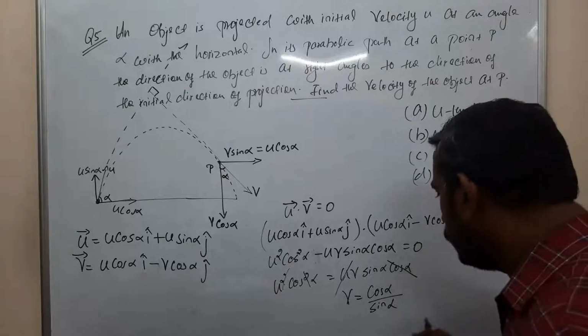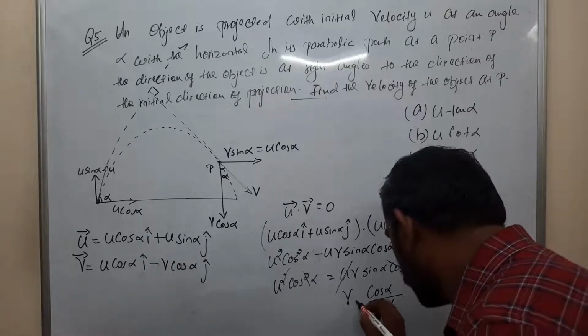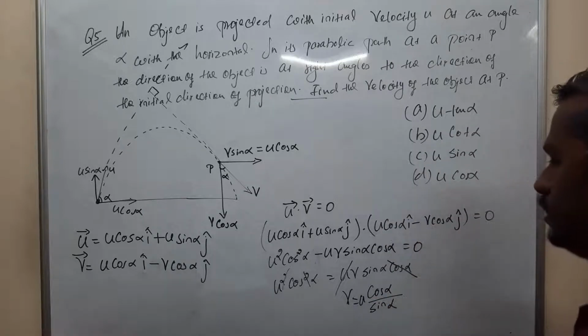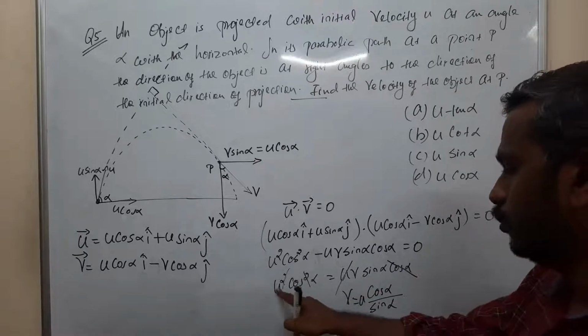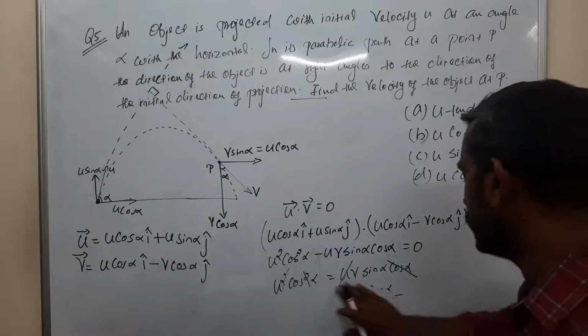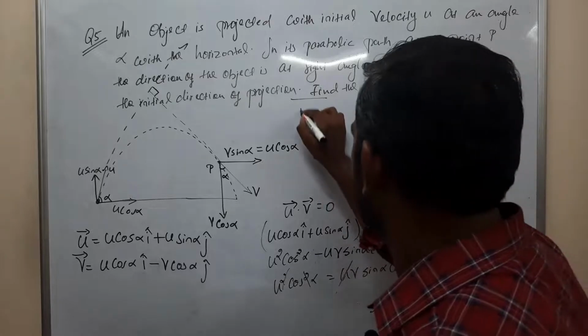So v is equal to u into cos alpha divided by sin alpha. One cos alpha is here, so this v is equal to u cos alpha. I am rewriting this here.